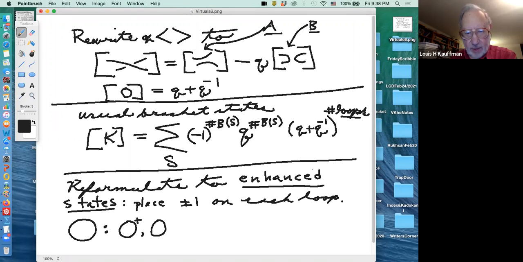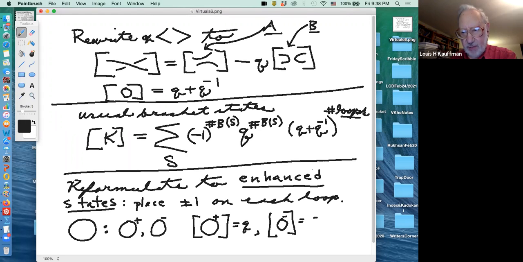It would split into two states like that. And we will have that the value of the plus loop all by itself is q, and that the value of the minus loop all by itself is q inverse.